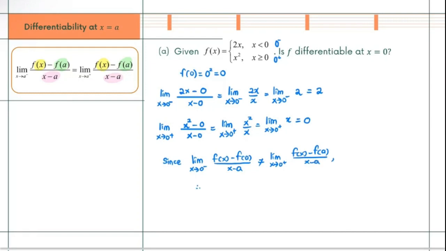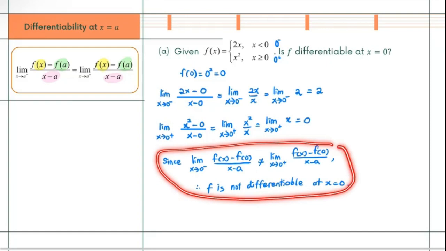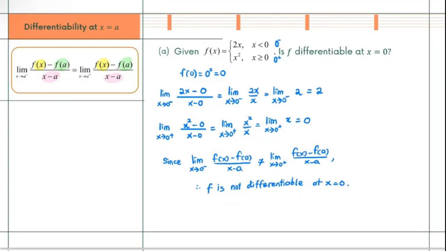So therefore, f is not differentiable at x equals to 0. So this will be our conclusion lah. Dan conclusion ini perlu ditulis dalam jawapan kita. Sebabnya dia akan ada markah untuk conclude.